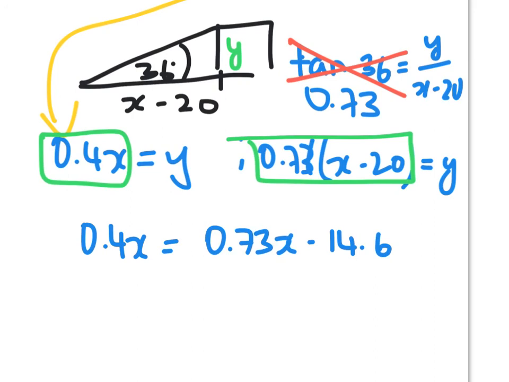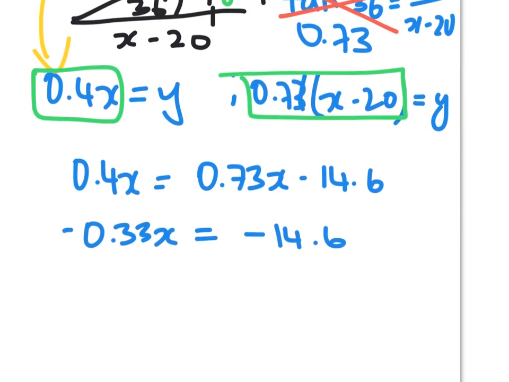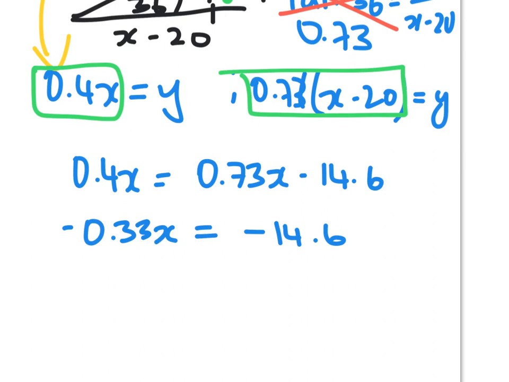So we're going to get minus 0.33x is equal to minus 14.6. So that then tells me that, using my calculator, x equals 44.2.